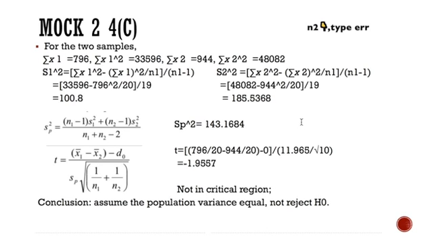And we can calculate the SP square, and also obtain the value t, which is minus 1.9557. We can see that it is not in the critical region. So our conclusion is, assuming the population variances are equal, we should not reject H0.